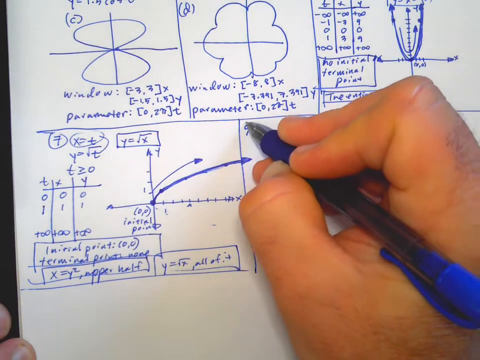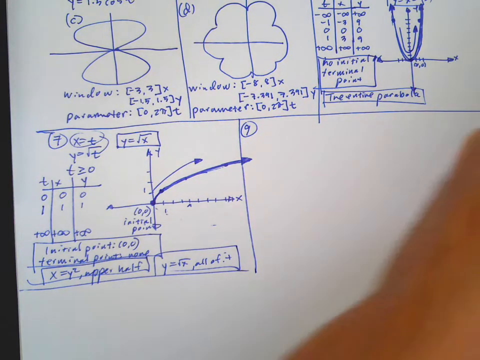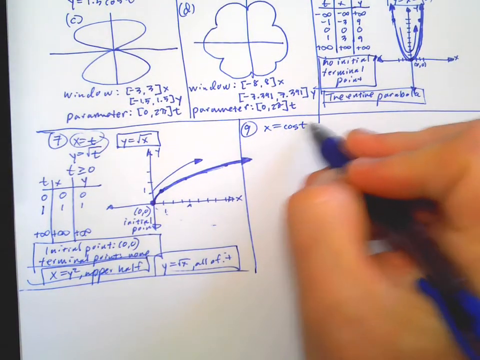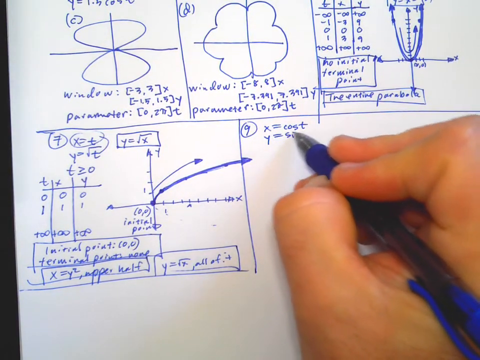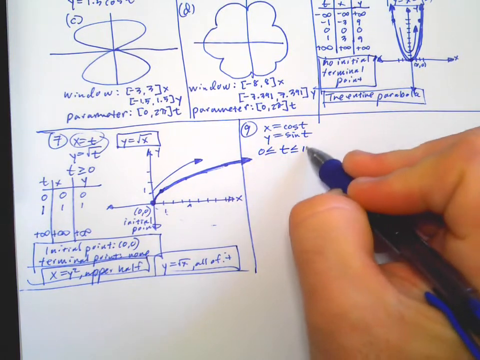Okay, number 9. Number 9 has some of this trig in it. And so we talked about how to get the Cartesian equations. Usually these are going to be conic sections.